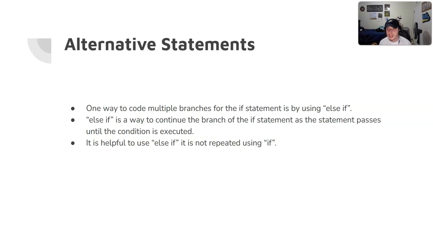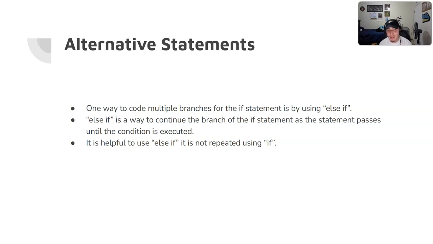There are also alternative statements. One way we can code multiple branches for the if statement is by using else if. With else if, you're able to code it multiple times for your if statement as one branch. It's a way to continue the branch of the if statement as the statement passes onto the condition that is executed.